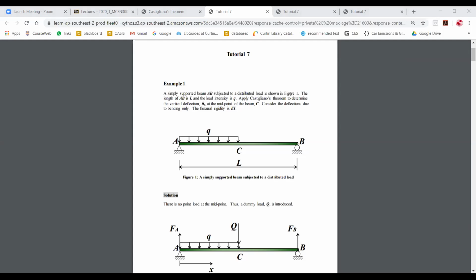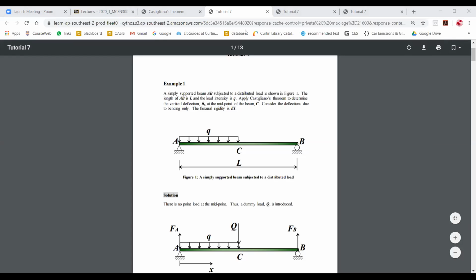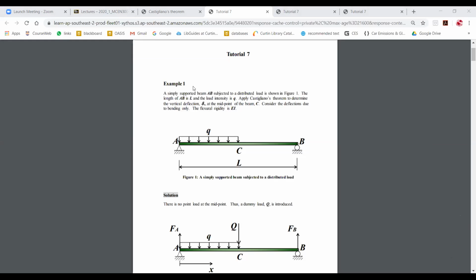You can hear us, no? If you hear us, can you scroll down?